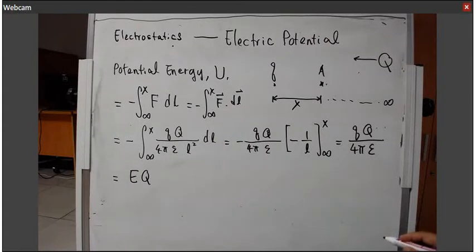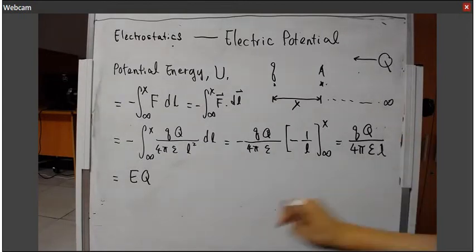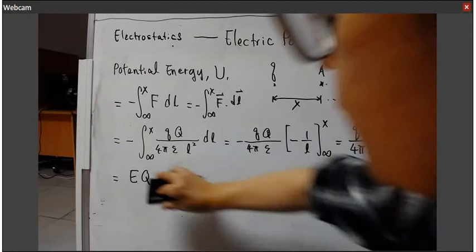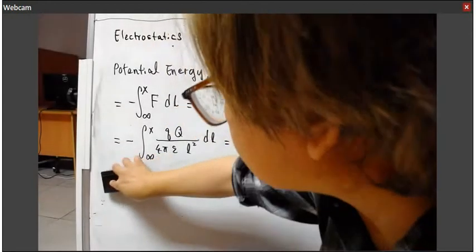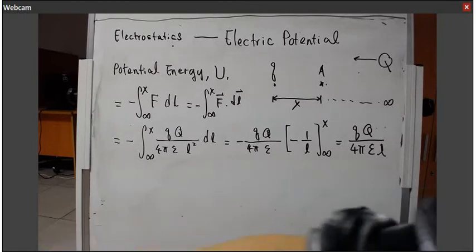Have I done anything wrong? Yeah, I think I have done something wrong. It should be like this, there shouldn't be any big E. Okay, this is good enough. Sorry about that. So this is the formula for potential energy.